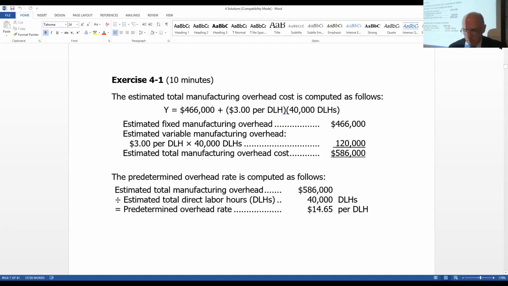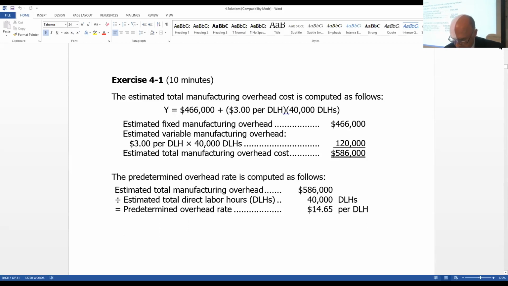So again, page 142, exercise 1, compute the predetermined overhead rate. Well, we already know what that is, right? Logan Products computes its predetermined overhead rate annually on the basis of direct labor hours. At the beginning of the year, it estimated that 40,000 direct labor hours would be required for the period's estimated level of production.